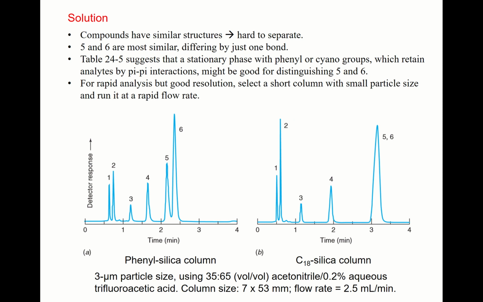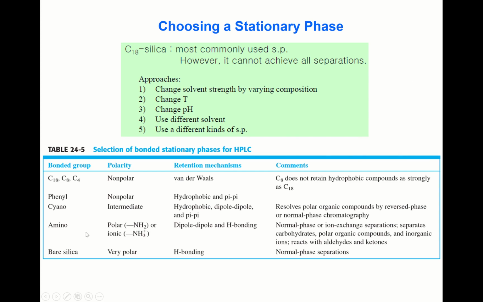Now look at this. We have two chromatograms, A and B. Definitely, A gives better resolution, especially for compounds 5 and 6. This good separation is done by the phenyl silica column, phenyl bonded to silica.